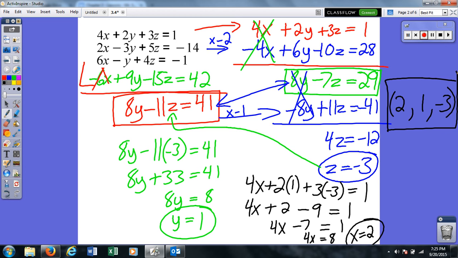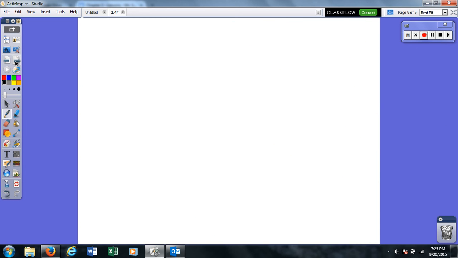Now there are a couple of things just to remember. Sometimes when you go through and solve a system of equations, you will have all the variables drop out, and you'll get something like 5 equals 5, or some true statement. Remember that solutions to equations are values for x, y, or z that we could plug in that will make the equation true.